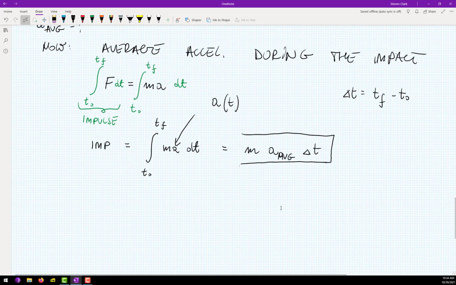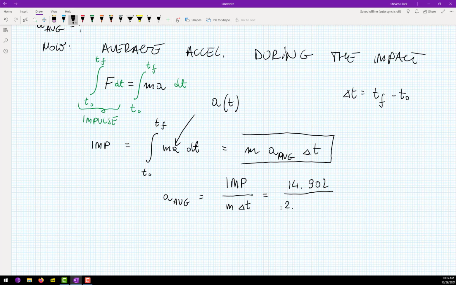I think we know everything to find a average. A average is equal to IMP divided by m divided by delta t. So let's use the value we found in the previous part. So that would be 14.902. Mass we know, 2.75. And I believe that they told us that delta t is 10 to minus 3.